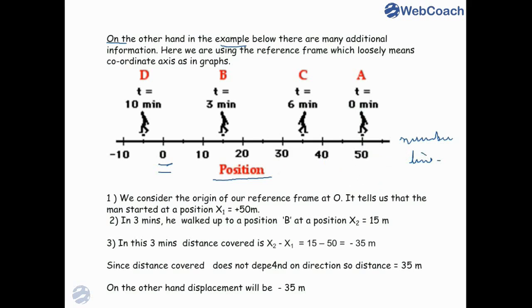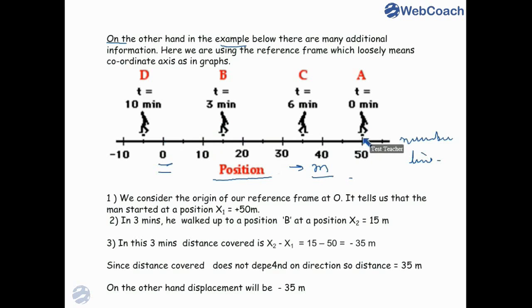We can choose a unit, so we can choose the unit in this direction to be meter. So he may be 50 meters away from the origin. Look how it makes a difference. Now when he travels in this direction, the distance traveled will be 50 meters when he reaches this origin.